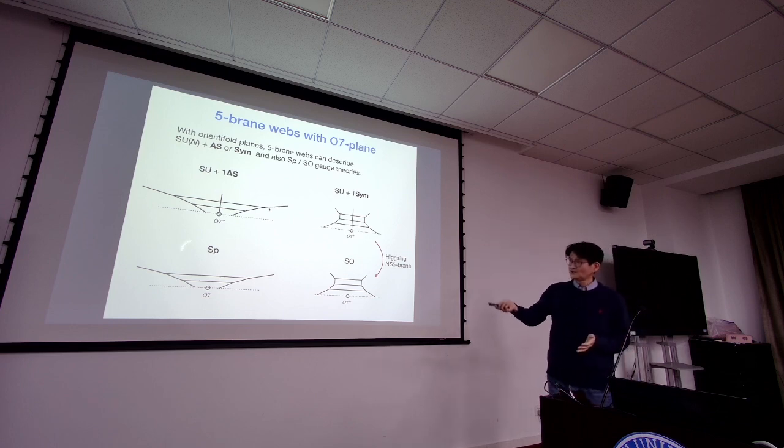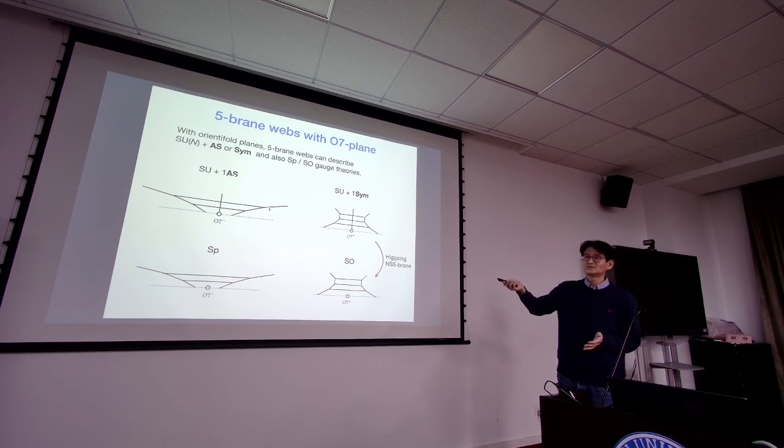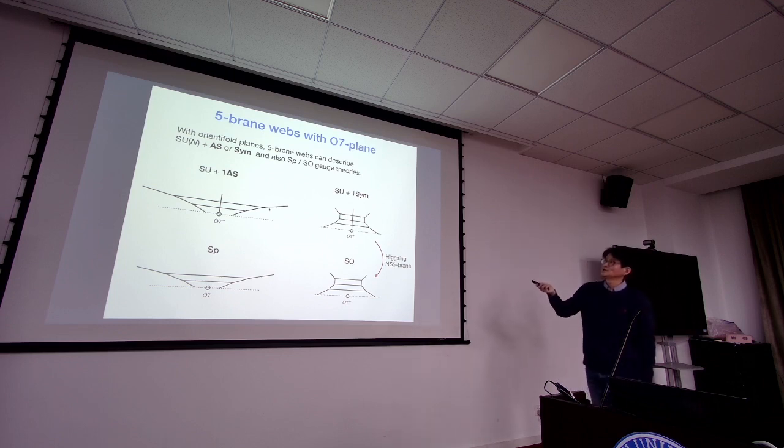That actually gives rise to, from SU(2) with one symmetric, an Sp gauge theory. From SU(N) with the symmetric, you get SO theories.